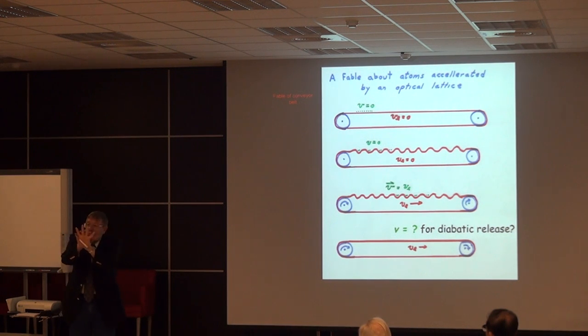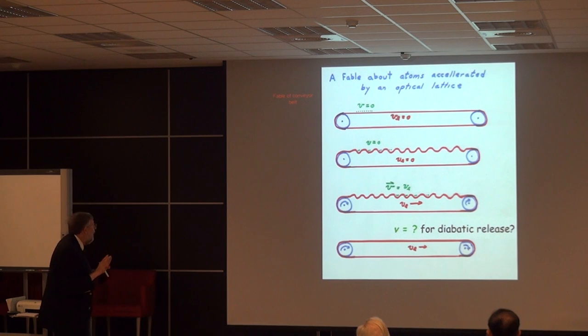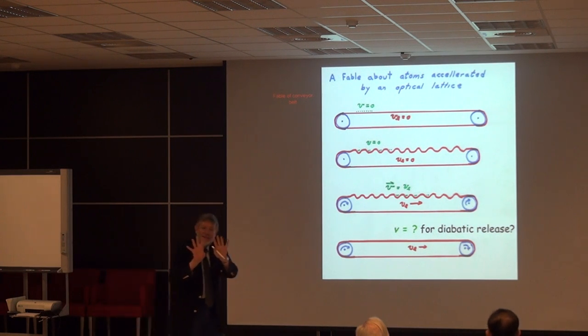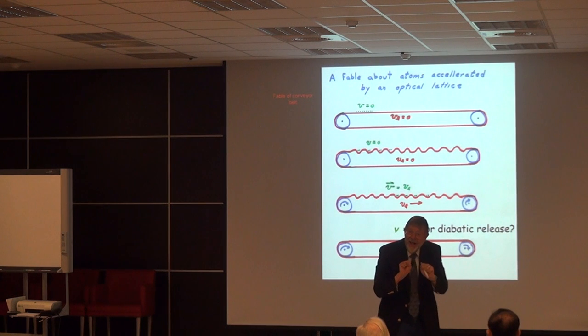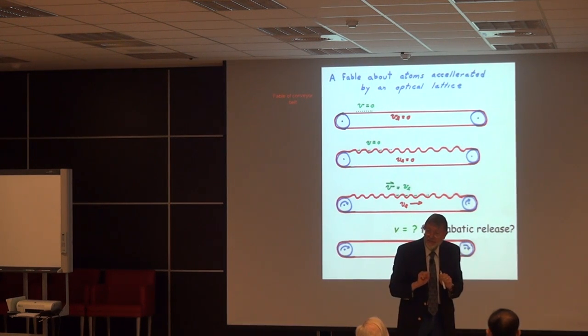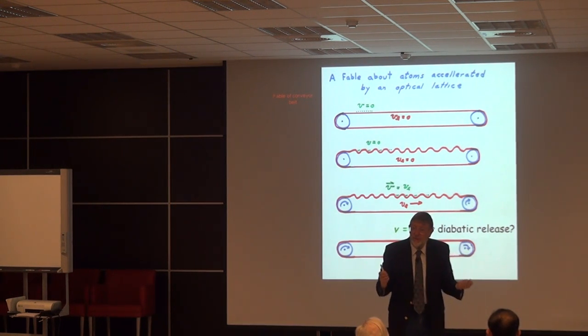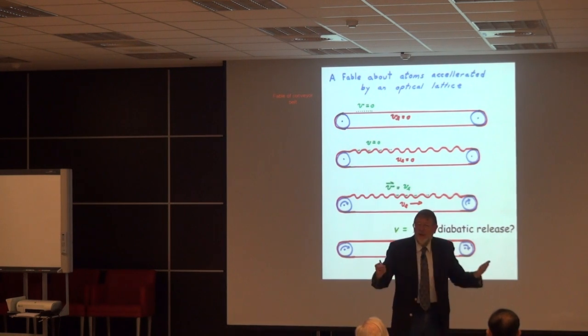The atoms are firmly trapped in between my fingers. Now I'm going to start moving the lattice. I turn on the wheels of the conveyor belt and I start moving the lattice like this. I get up to some velocity, and then suddenly I turn the lattice off. What do I expect for the atoms' velocity? Well, I expect the atoms to have the velocity of the lattice.